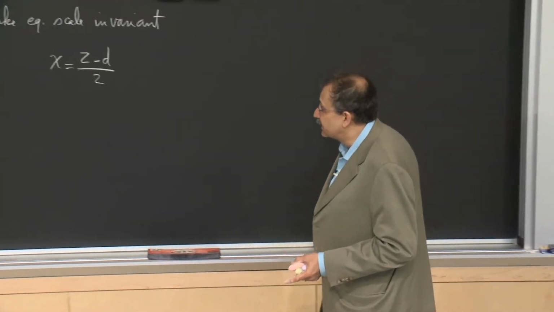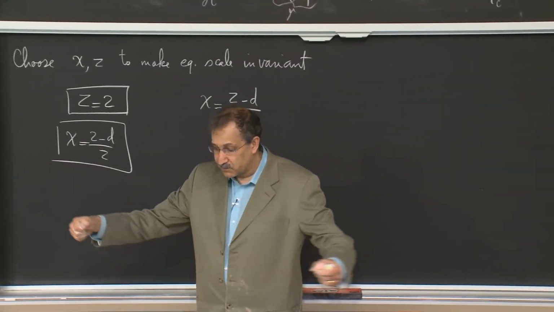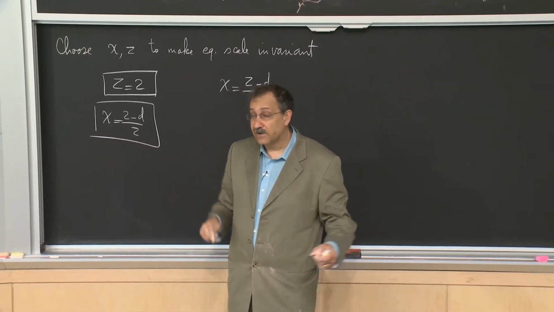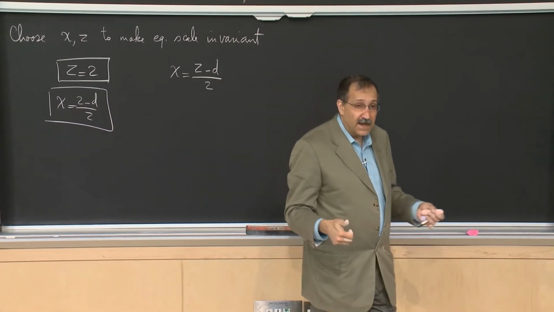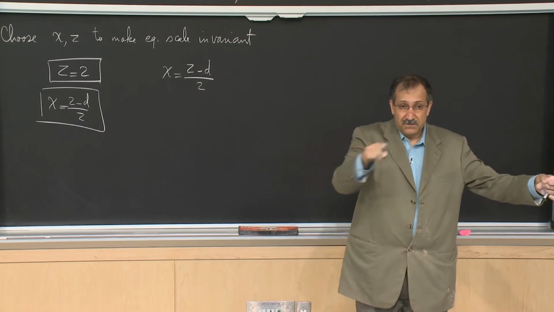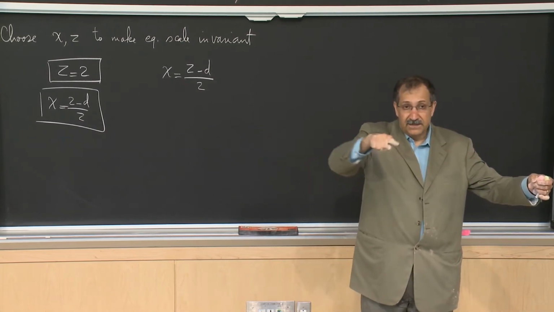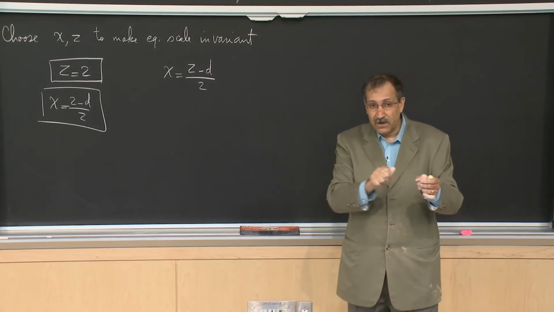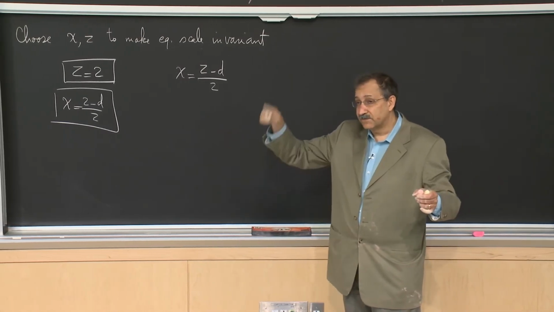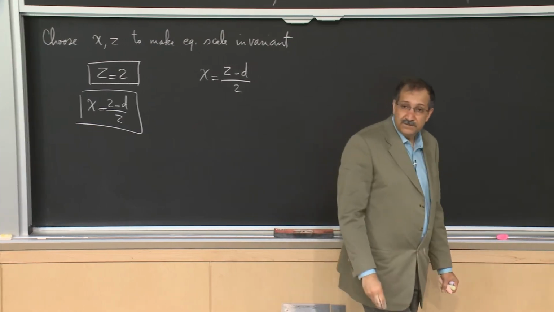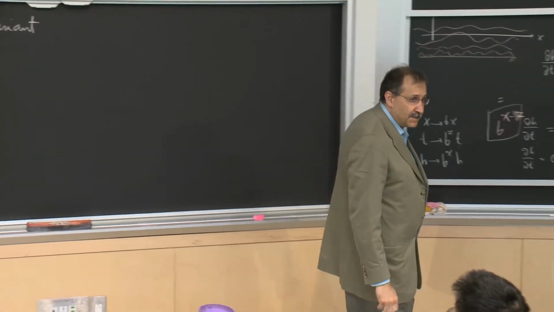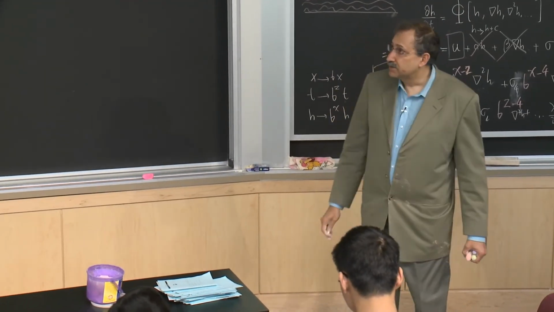If I go to the case of d equals to 1, like pulling a line and having the line fluctuate, then I have 2 minus 1 over 2, which is 1/2, which means that because of thermal fluctuations, this line will look like a random walk. You go a distance x, the fluctuations in height would go like the square root of it. Okay? So all of that is fine.